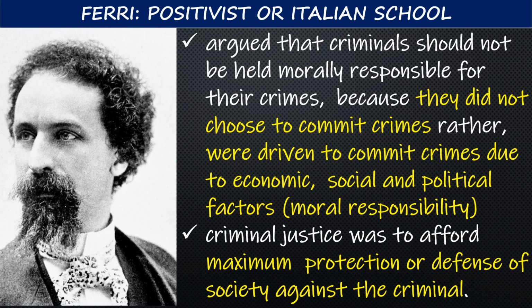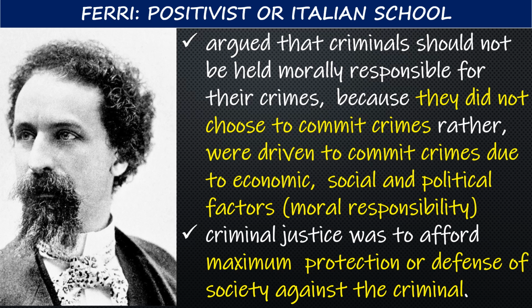Ferri, on the other hand, argued that criminals should not be held morally responsible for their crimes because they did not choose to commit crimes, rather were driven to commit crimes due to economic, social, and political factors. So now he's saying that they should not be punished because they are victims of the economy, of their society and their politics.